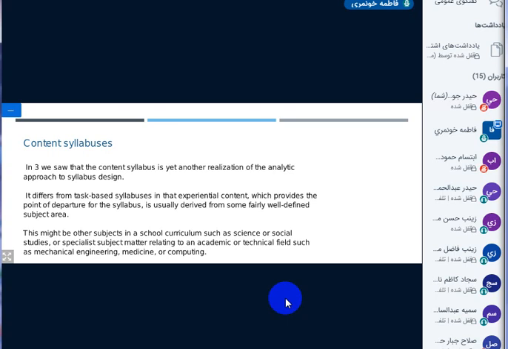And for this particular reason, content-based syllabus is considered a process-based syllabus because there is no focus on language at all. The focus is mostly on what content students are mastering in the course through the use of the language.